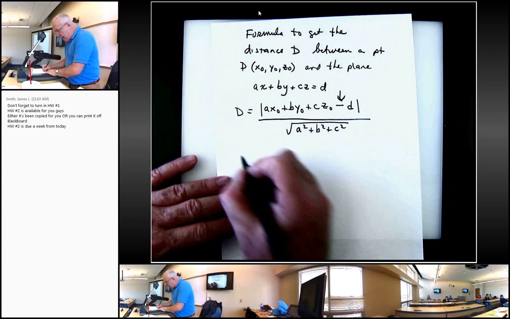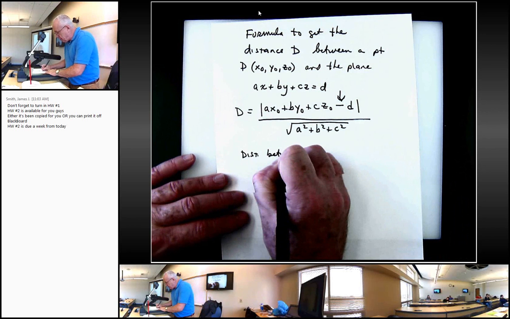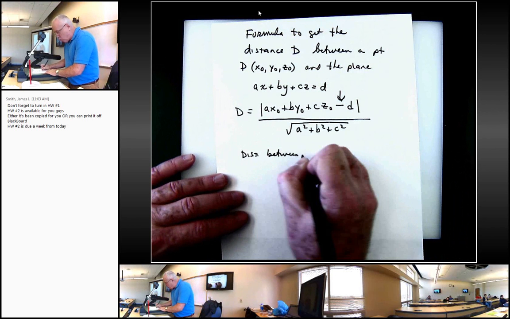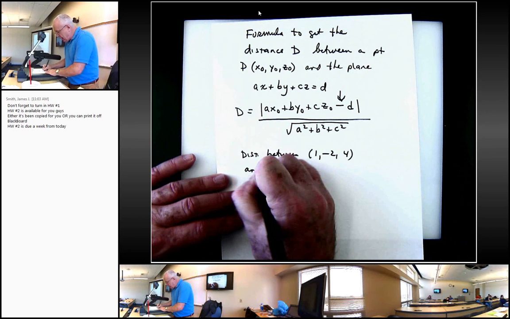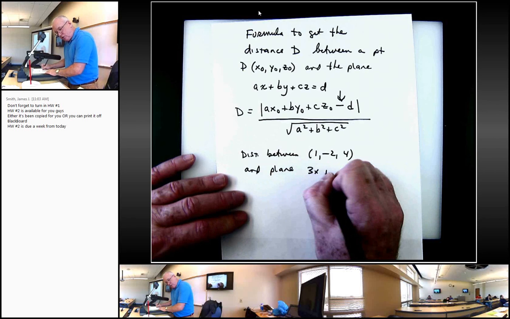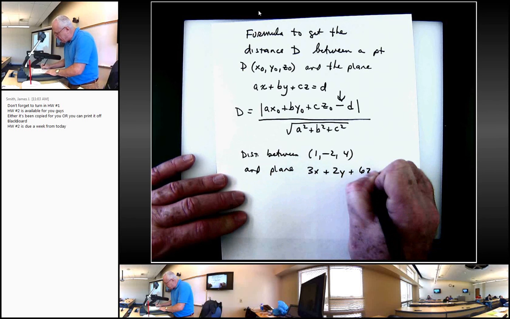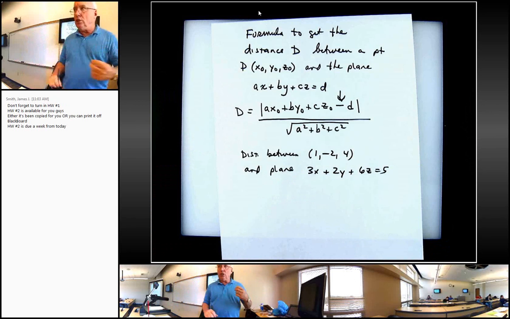So if we want to find the distance between, say, the point 1, -2, 4 and the plane 3x plus 2y plus 6z equaling 5, we just use our formula.